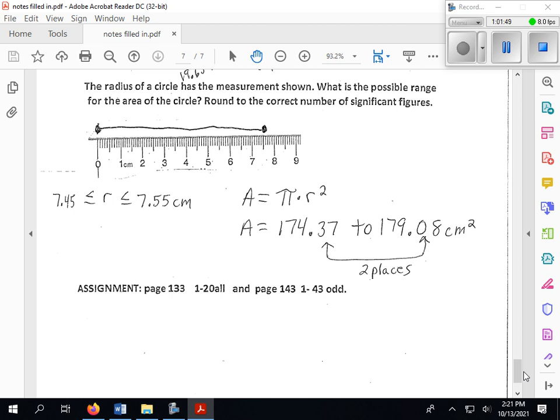Make sure I did it right. Pi times 7.45 squared. Is that correct? 176.714. Did I mess it up? Pi times 7.45 squared. I hope I didn't mess it up. It's going to look bad, Joe, if I messed it up.